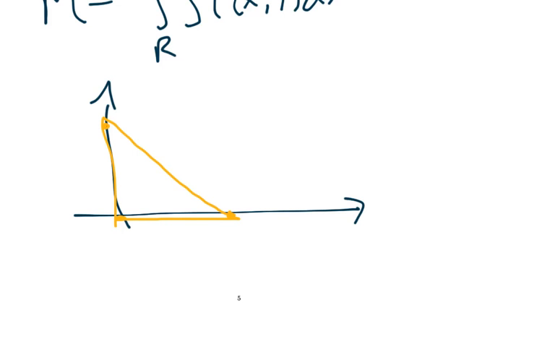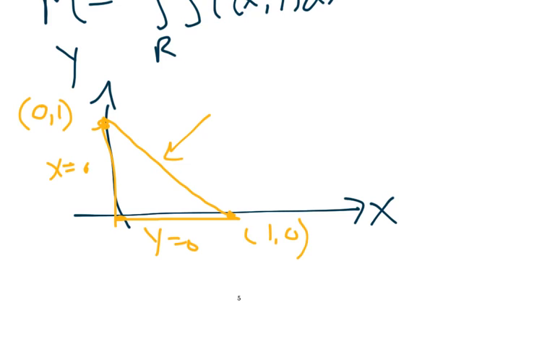And we want to make this actually in terms of some functions. So if this is our x-coordinate, this is our y-coordinate, we know that this equation is y equals 0, this equation is x equals 0, and the question is, what is this equation? Well, this point here is 0, 1, and this one is 1, 0, so the slope has to be negative 1, right?